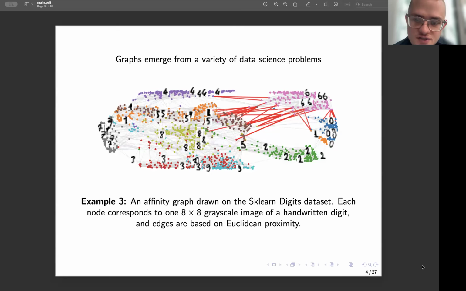The edges that I've constructed in this graph are just based on Euclidean proximity in that 64-dimensional feature space. With this graph, we can also try to approach a classification problem, where we want to predict what the class is of a particular digit that you've been handed. At the end of the talk, we'll return to this specific figure and I'll add a little bit more context to what's going on and how it was used.